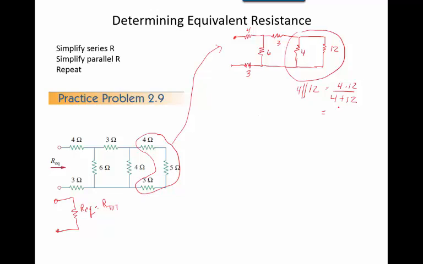Which turns out to be 3 ohms. 12, 24, 36, 48. 48 divided by 16. Yeah, 3 ohms. So that's what this turns out to be.